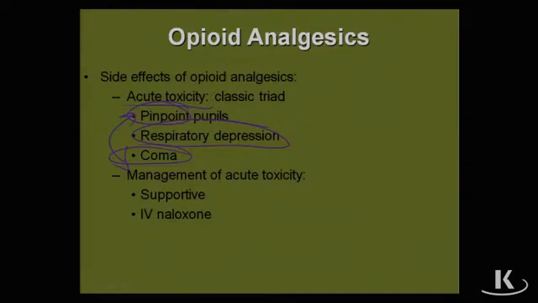Do you remember what the name of the drug is that will not cause pinpoint pupil? Yes, it is meperidine. And why was that? Because meperidine is an anti-muscarinic medication. In all cases, management of acute toxicity will be primarily supportive, and the use of IV naloxone to reverse the respiratory depression is always indicated.